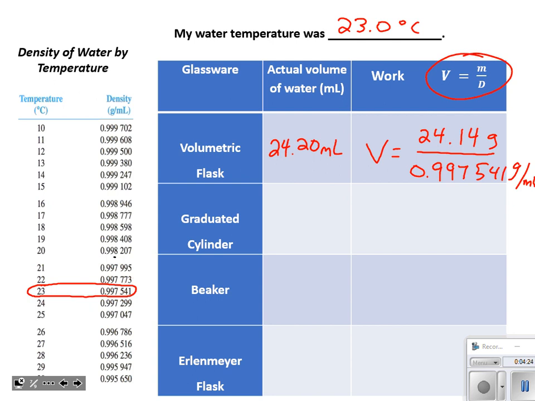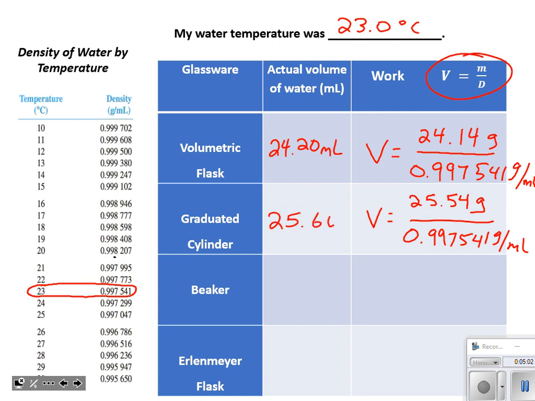I go on to the graduated cylinder. Volume is equal to 25.54 grams divided by my same density at that temperature. So when I do my math there, I have 25.54 divided by 0.997541. With 4 sig figs here, I get 25.60.